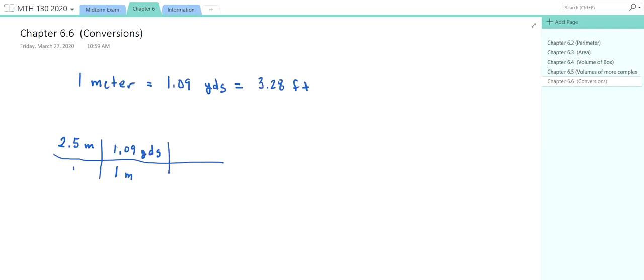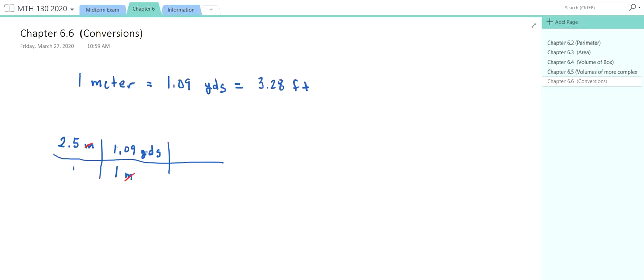So now, since this is a fraction, we'll end up canceling out these m's, and I'll be left with yards. So 2.5 meters is the same thing as 2.5 times 1.09 yards. Make sense?